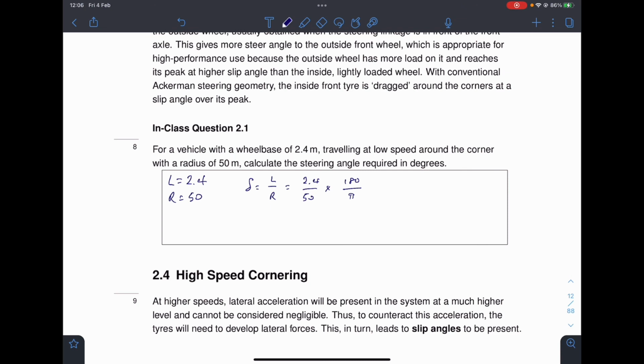You just get out your calculator and do one after the other. So 2.4 over 50. The front wheels will be 2.75 degrees.